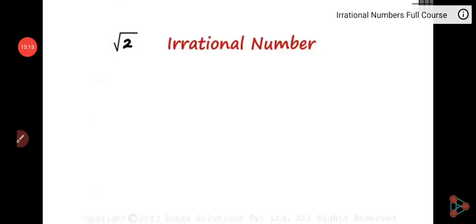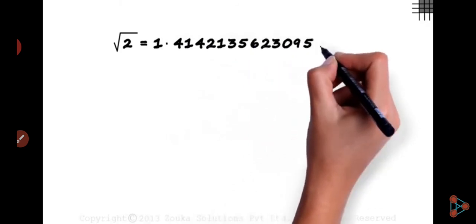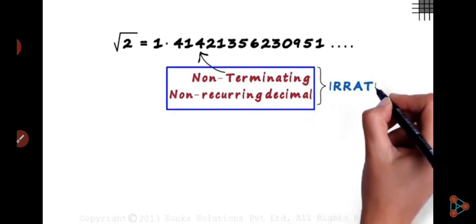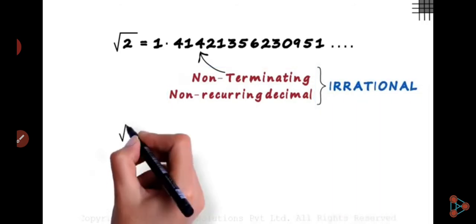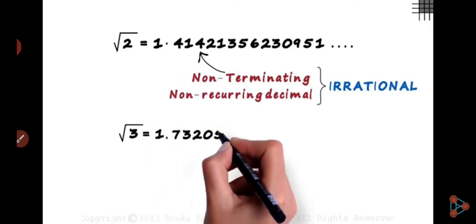Okay, understand? Now students, let's see what is an irrational number. We can say that root 2 is irrational. Why? If we find the value of root 2 in a calculator, it is 1.414213. So it is a non-terminating and non-recurring decimal, because here no number is repeating and they don't have any pattern.